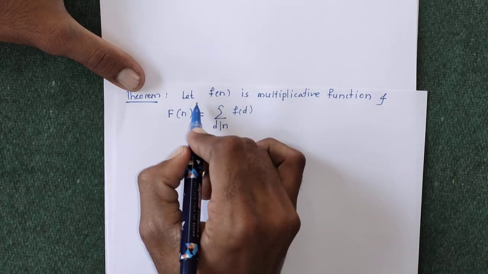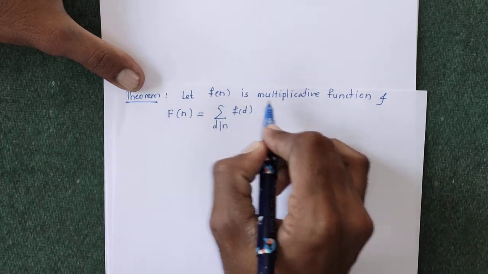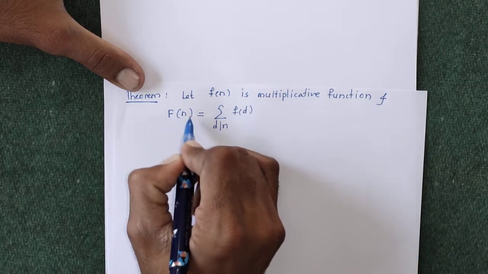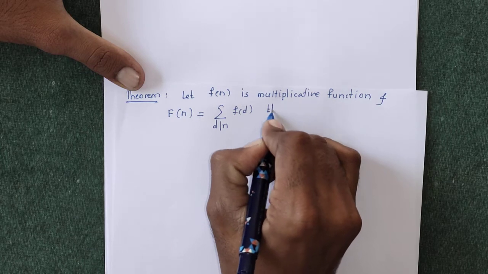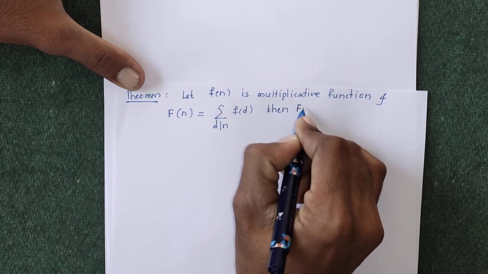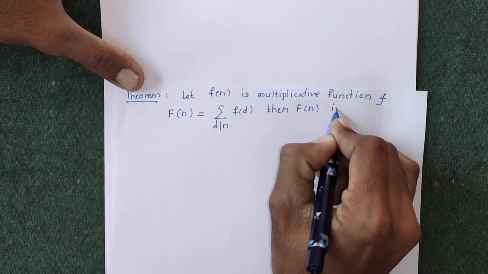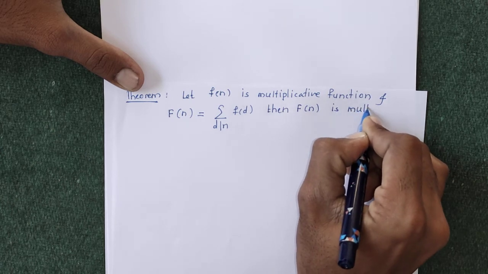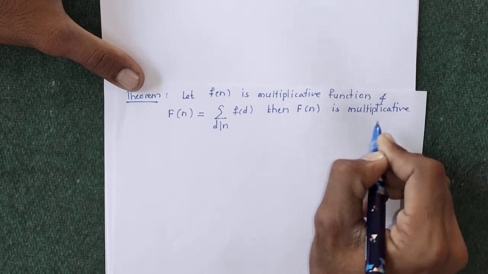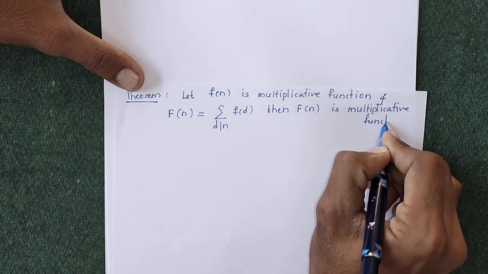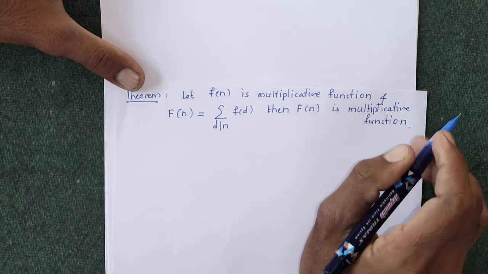We have to show that this capital F is again a multiplicative function.